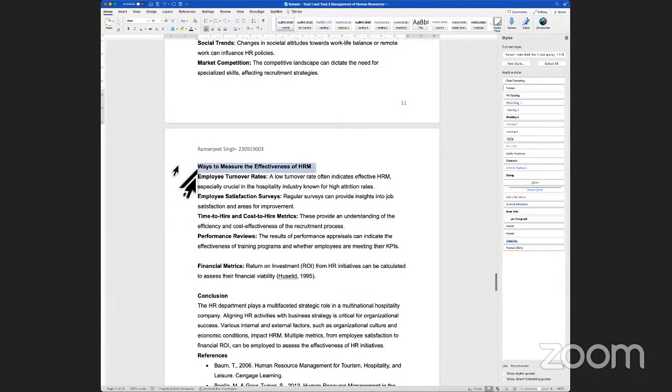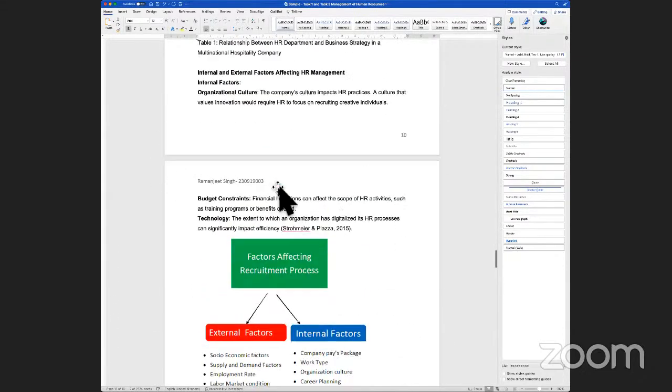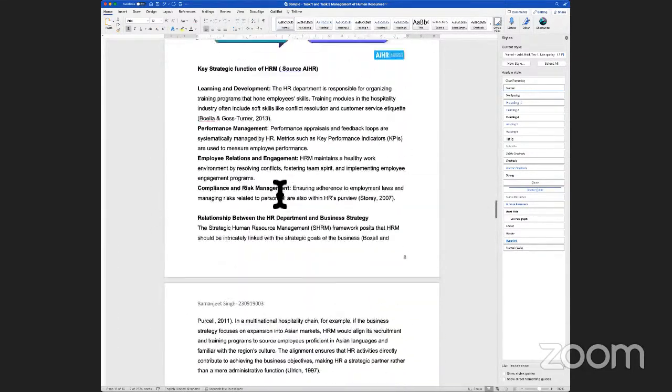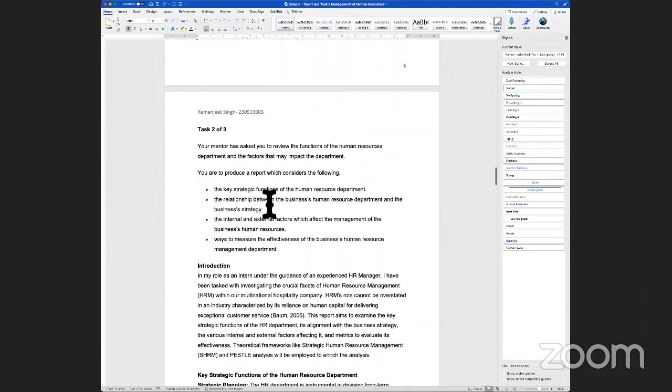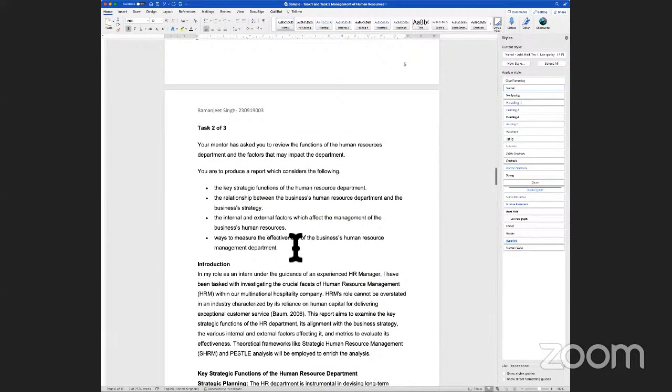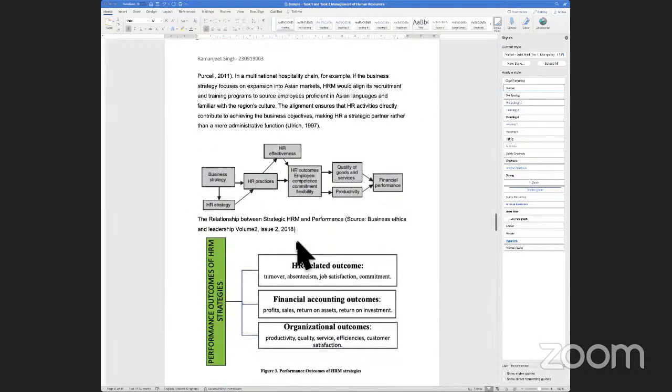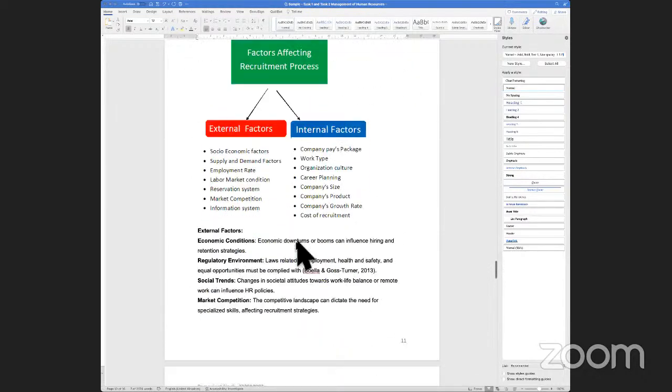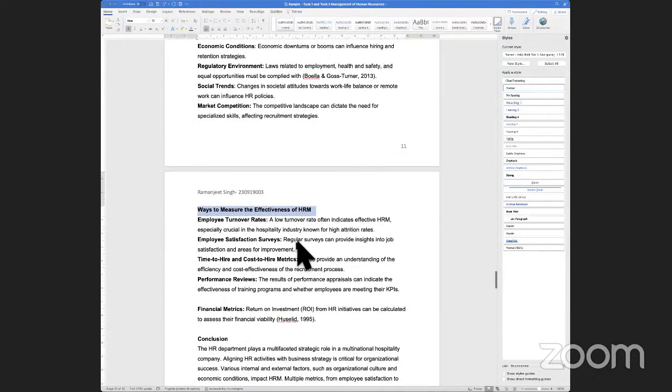Now, there is also the last bullet point in the task given at the top, which is a way to measure the effectiveness of HR functions and its department. So here, you would need to look at covering how HR would control the workings within the organization.